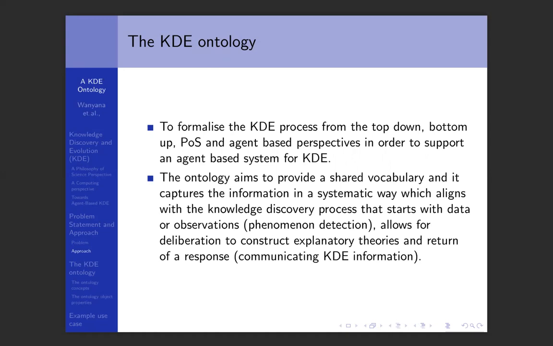The ontology aims to provide a shared vocabulary, and it captures information in a systematic way, which aligns with the KDE process that starts with data observations, allows deliberation to construct theories, and also share KDE information.